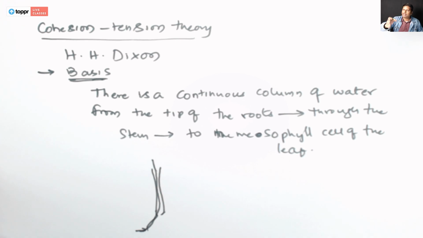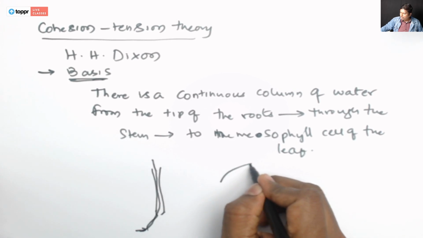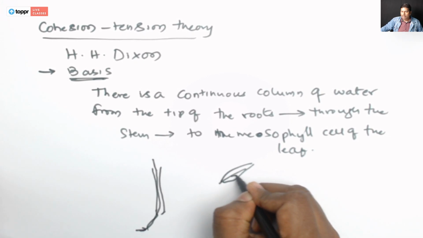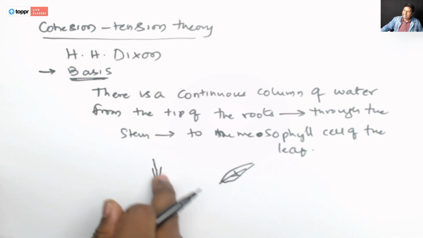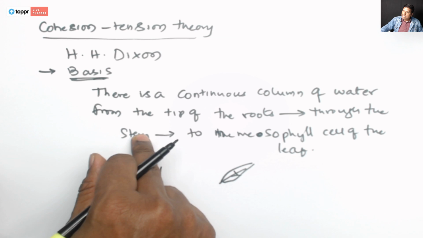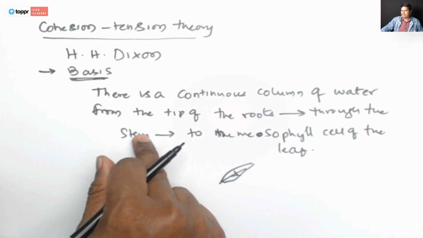How is it actually entering the leaves? In the leaves you have your veins. The veins will have the vascular bundle, the xylem and the phloem. So this xylem, which is starting all the way from the roots, is ending in the leaves which have the mesophyll cells.